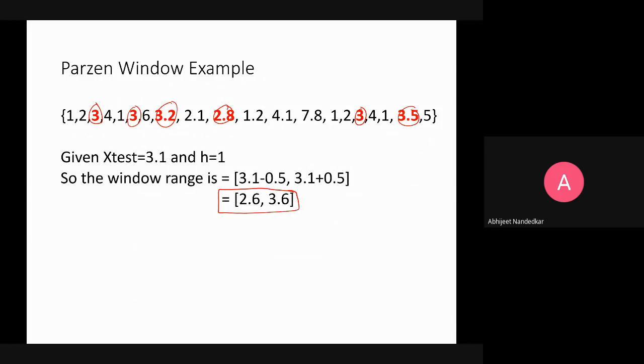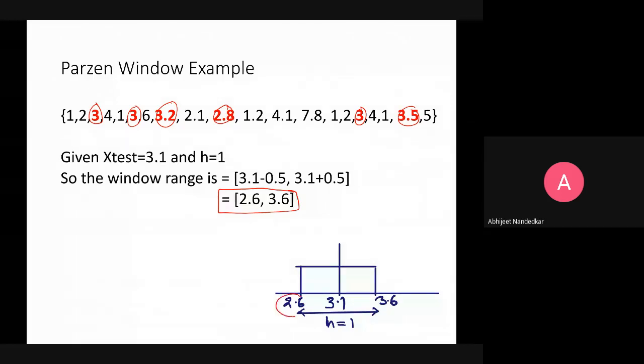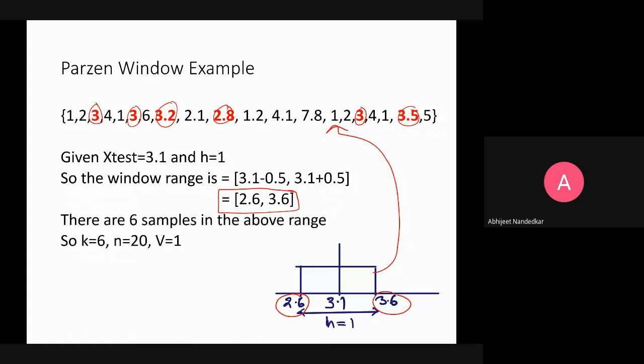I can see the window here and just check from minimum to maximum of this window how many samples from this list fall into it. So k is equal to 6.